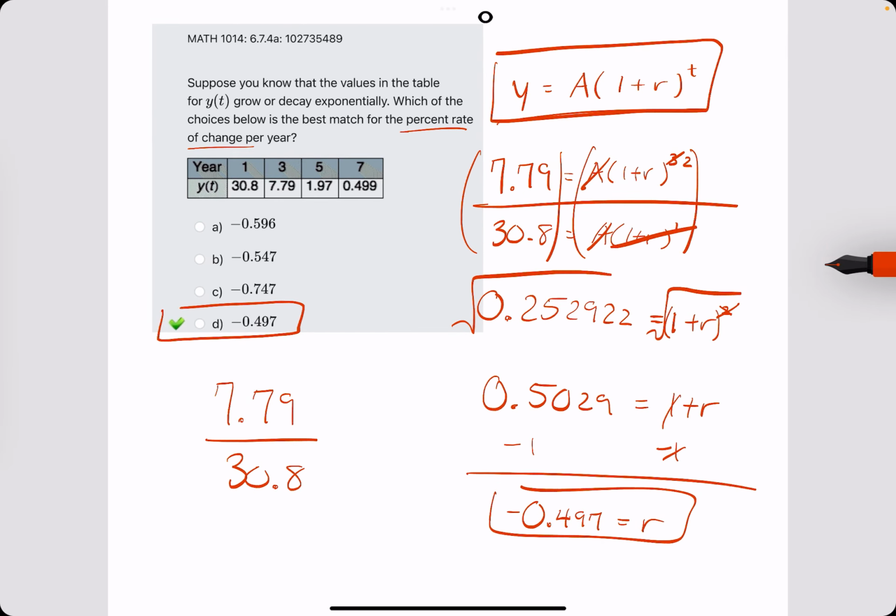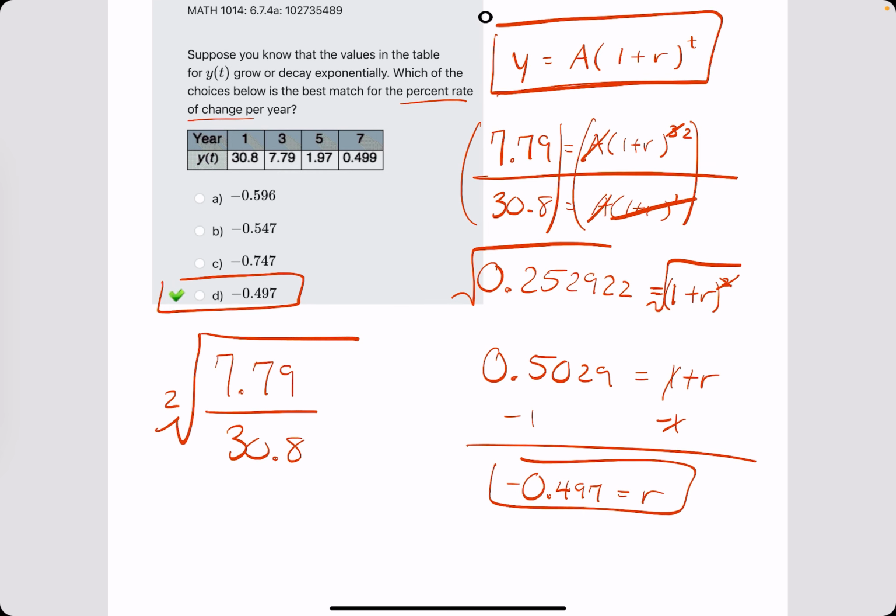I hope that makes sense. 1 and 3 are 2 apart, so that tells us we have to take a square root. If they were 3 apart, we'd have to take a cube root, and so on. Once we take that square root, that would get us the 0.5029, and then once we do that root, we subtract 1, and that gives us the answer.